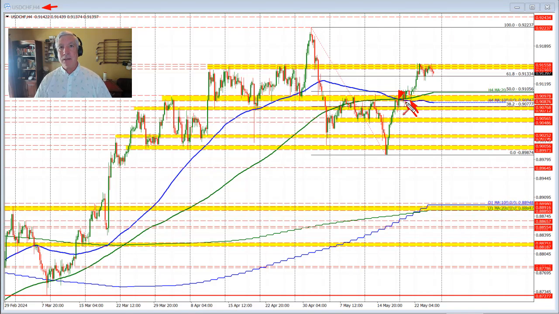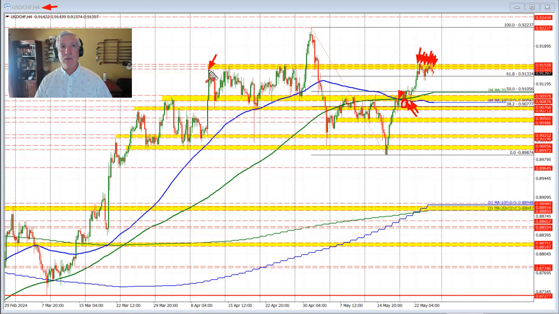So the sellers had their shot right here, and they missed, and the price then started to move to the upside. That move extended into Wednesday's trade, and then we ran into this swing area. This swing area has a number of different highs, as you can see, from midweek until today.